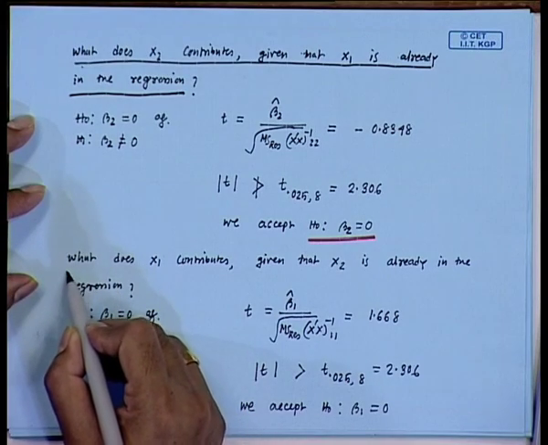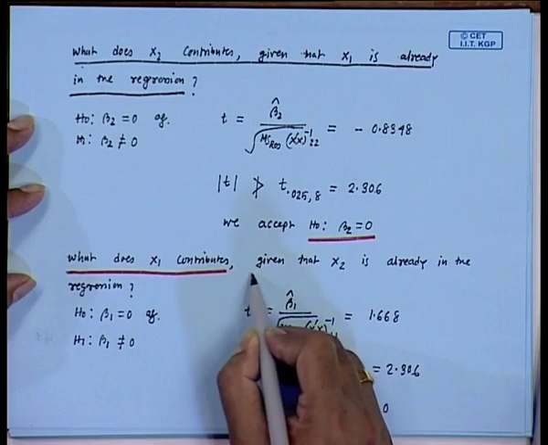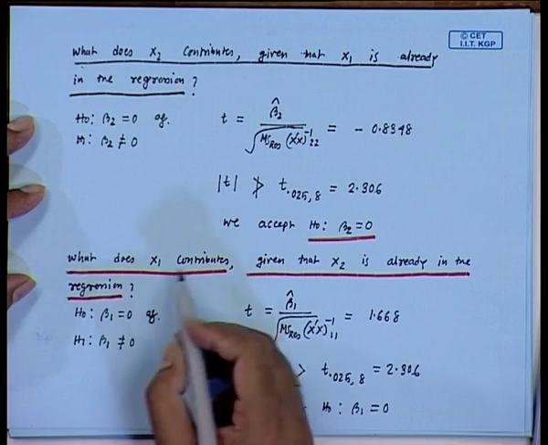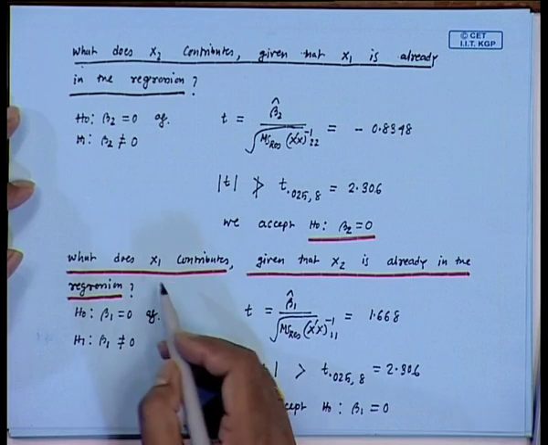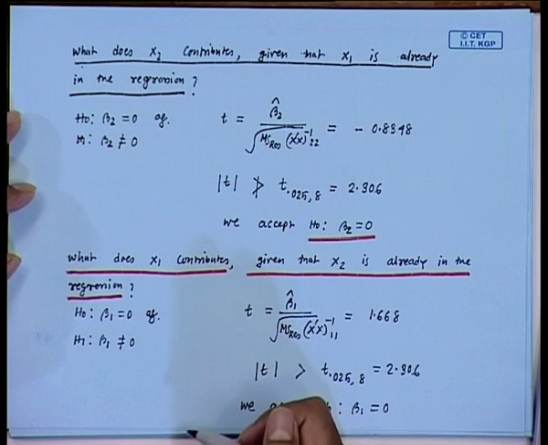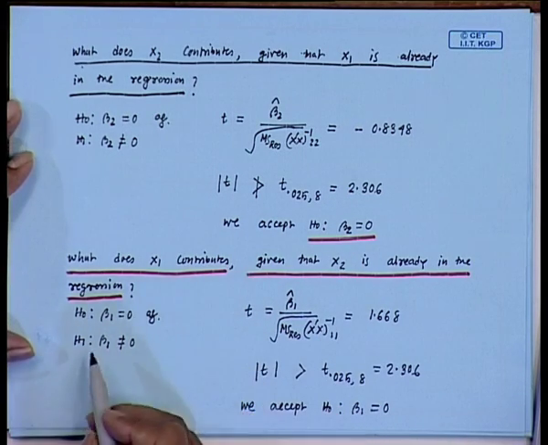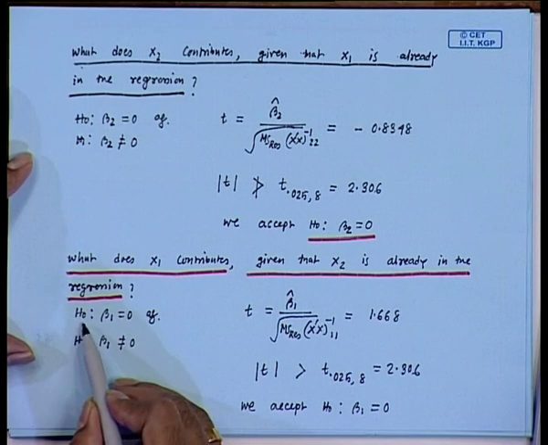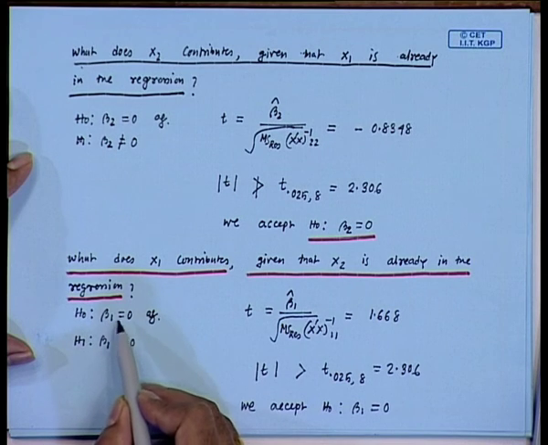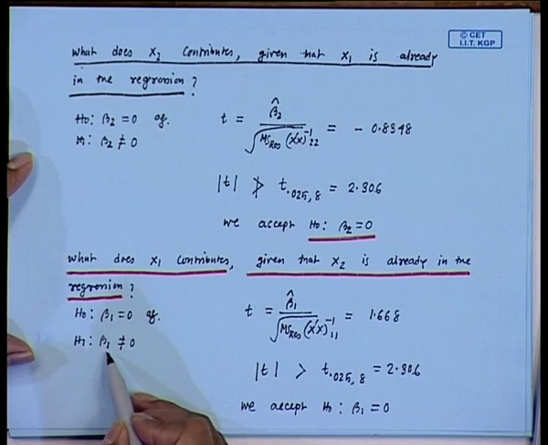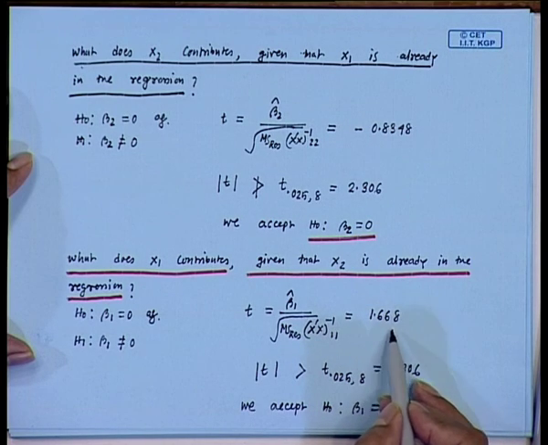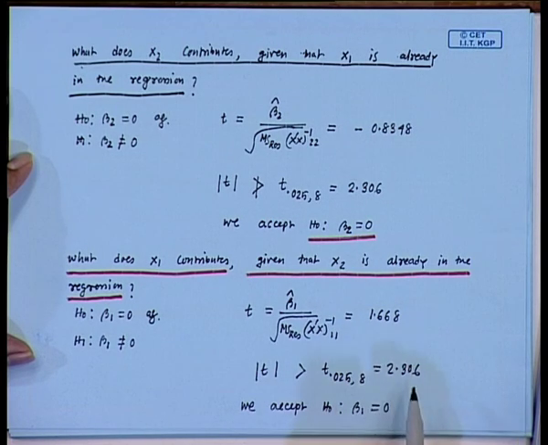The next one is, what does x 1 contribute given that x 2 is already in the regression? That means the significance of x 1 in the presence of x 2 in the model. This can be tested by testing the hypothesis H naught beta 1 equal to 0 against beta 1 not equal to 0. Here is the test statistic value, here is the tabulated value.